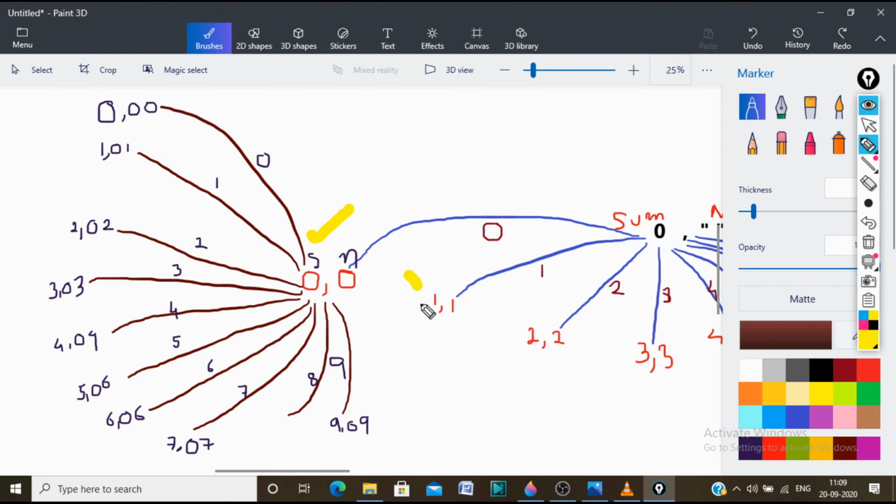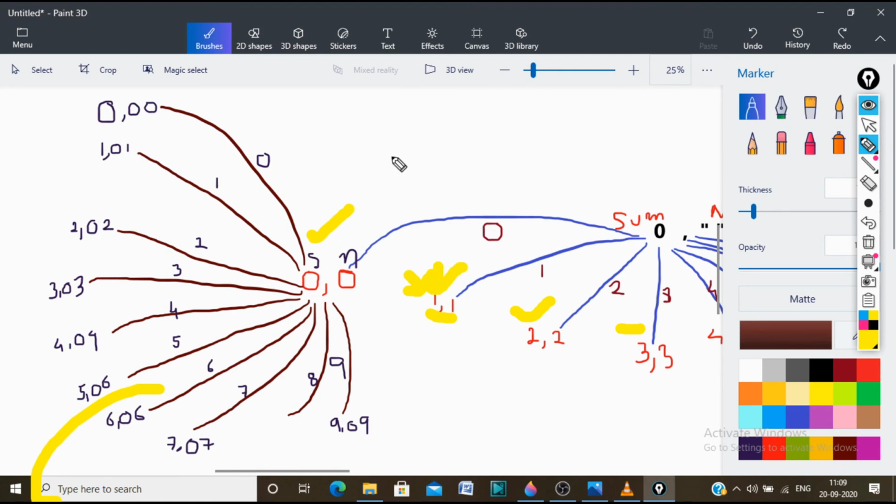Now, in a similar manner, I would be extending the 9 branches from here also. Why would I do that? Not only from here, but from all the rest of the branches. In this case, you would see that when I extend the 9 branches, my number is initially 1.